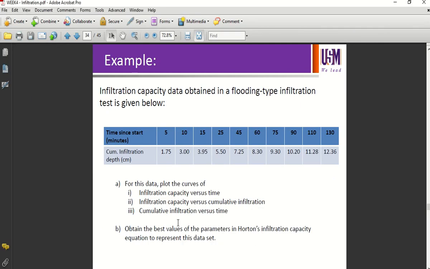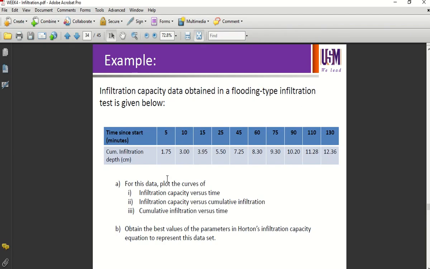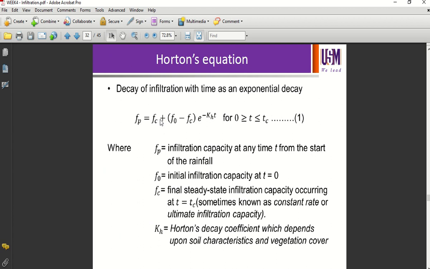And then also for question B, you have to obtain the best values for the parameters in the Horton infiltration capacity equation. If you look at the equation, you've got your fc from the table, and then you have your time, which can change. So what you need to determine now is just f naught and this KH: the initial infiltration capacity at t equals 0 and also the Horton decay coefficient.